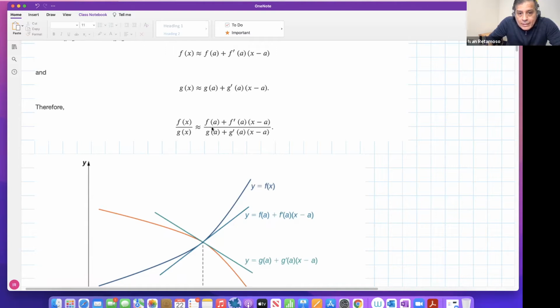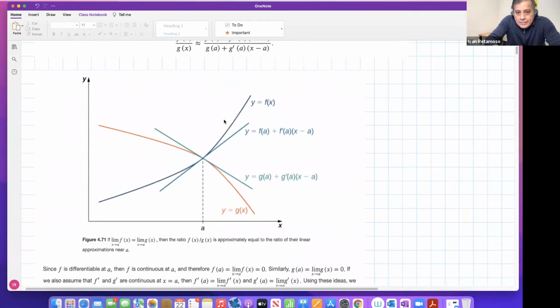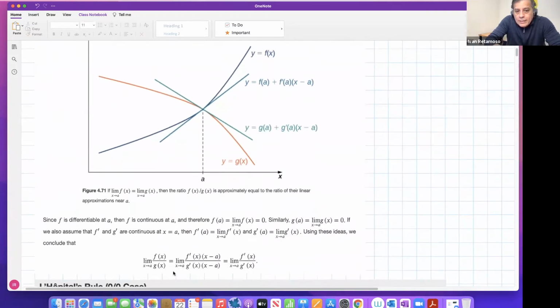So f of a will be the limit of f of x as x approaches a, and this one will also be the limit of g of x as x approaches a, right? For this part, since these are constants, they will come out, but this will get canceled. So from here, taking limits on both sides using linearization, we end up with this nice result.